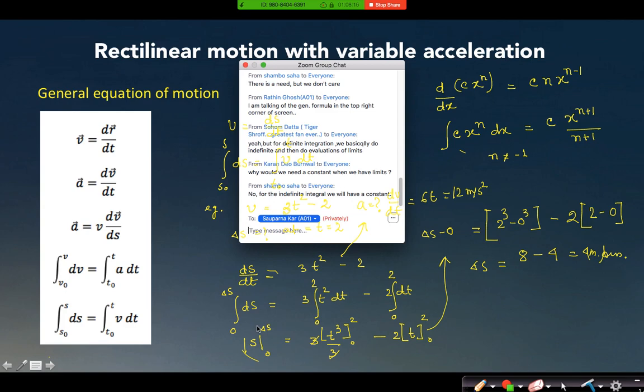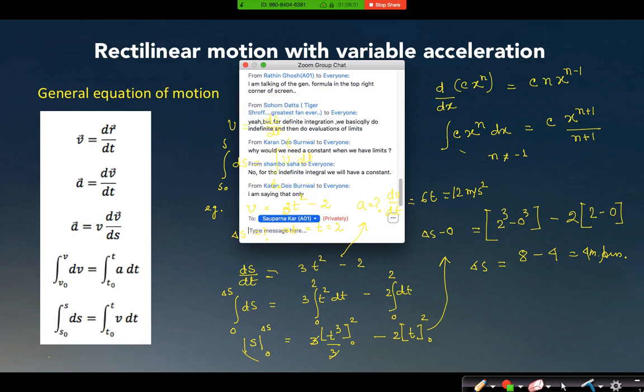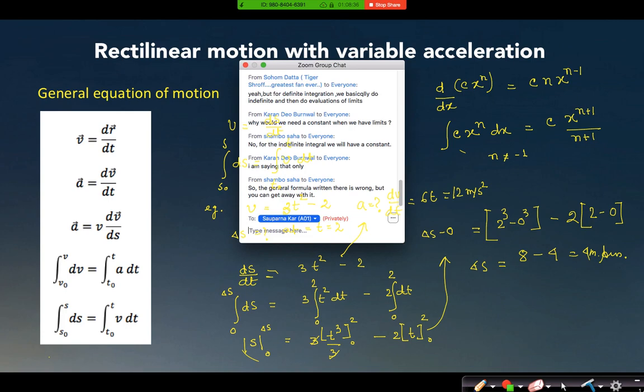Look, if you have a function, it may be y equal to mx plus some constant, right? But if I do not give you the value of that constant, and instead I say that at y equal to 1, x equal to 2, and at y equal to 3, x equal to 4, you can always find the constant from these two given equations.